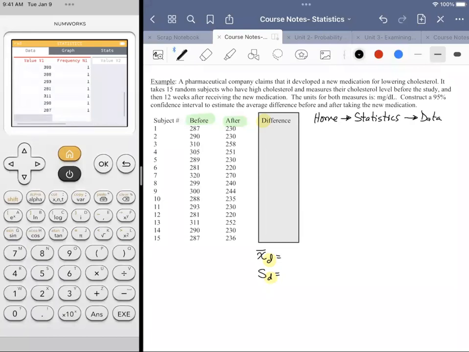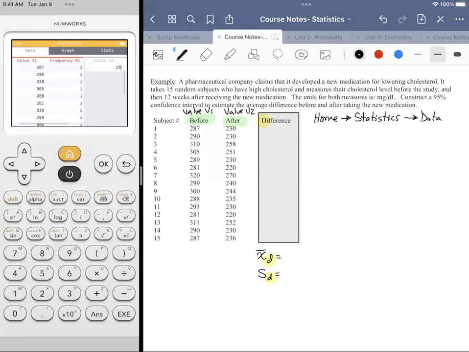All right, my second list. The before values go into value V1. The after values will go into value V2. So we don't put anything in the frequency list. Frequencies are just telling me how often the numbers I just typed in occur.